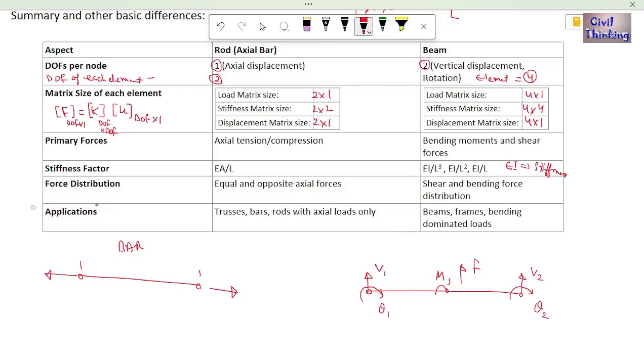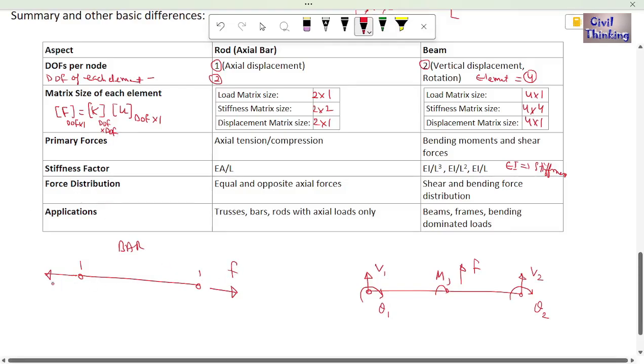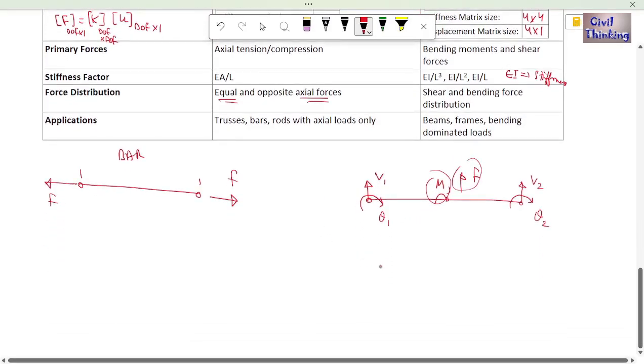Now when we talk about the forces, here the forces are always axial, equal and opposite axial forces. And when we talk about beams, we can have shear force, we can have bending moment. So this is the reason we talk about shear force diagram and bending moment diagram.